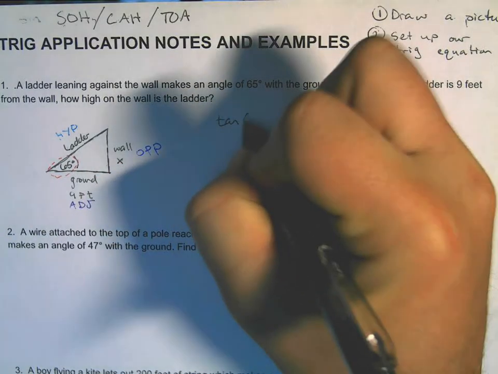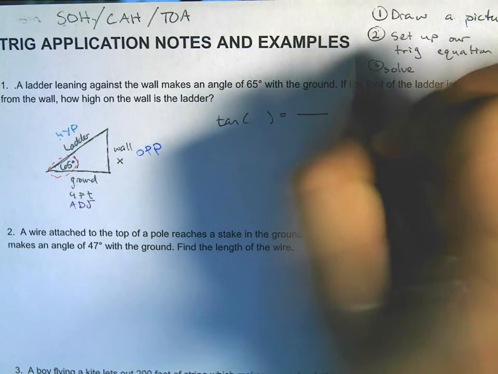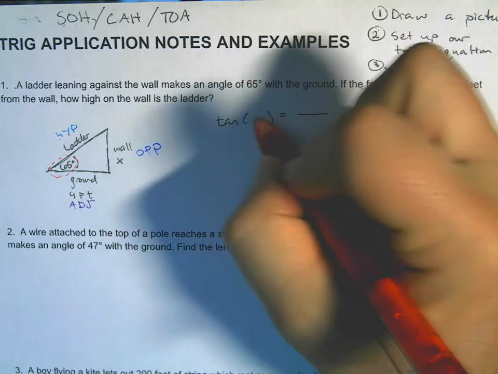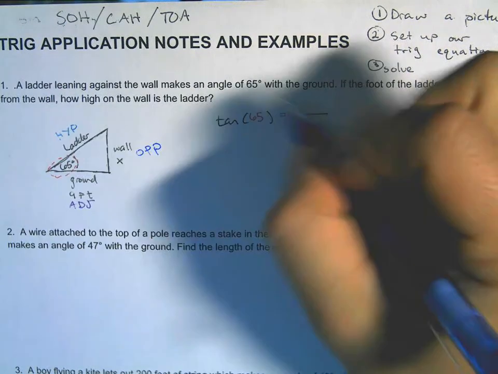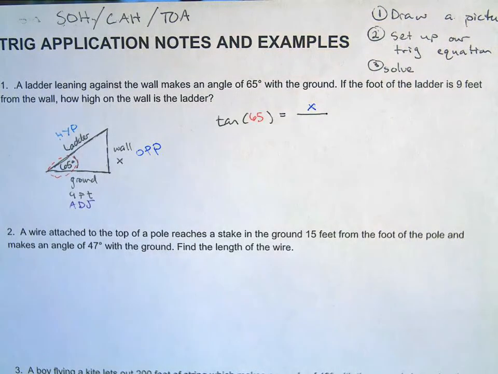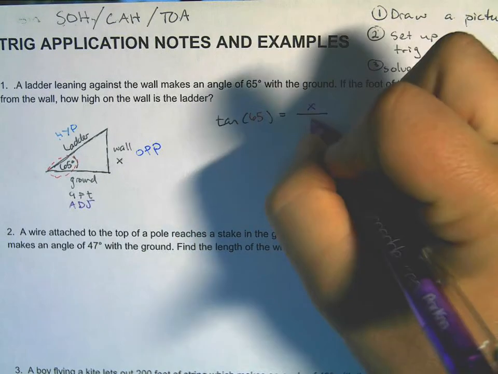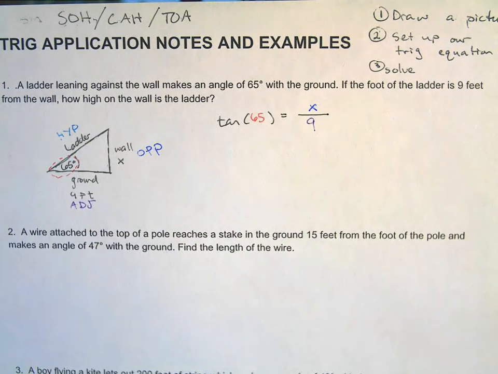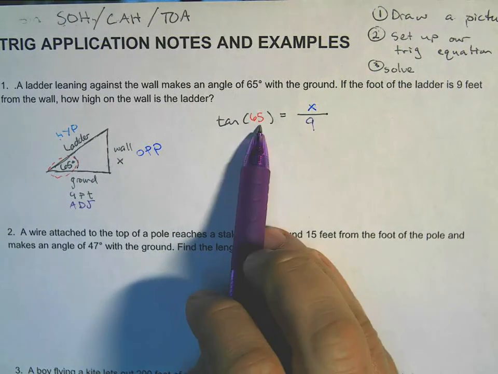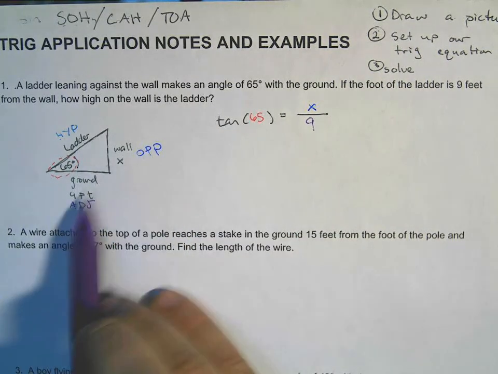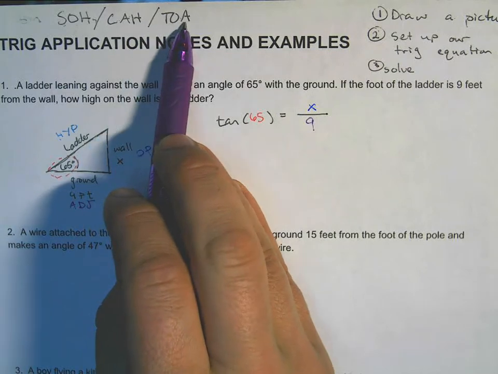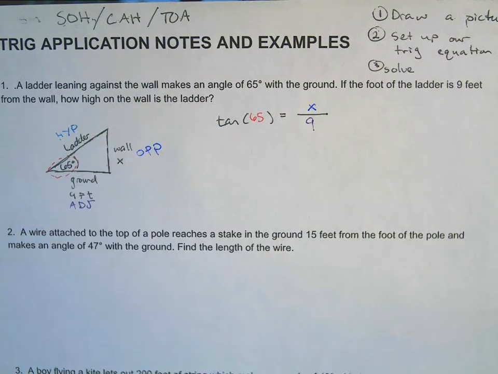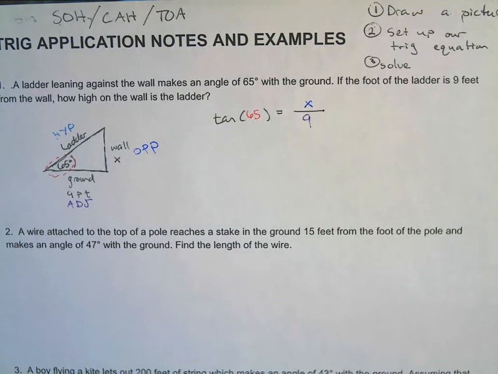So we can say tangent of our focus angle is equal to opposite over adjacent. Our focus angle is 65. Opposite is x. Adjacent is 9. Okay, now we'll just use our calculator to simplify tangent of 65.